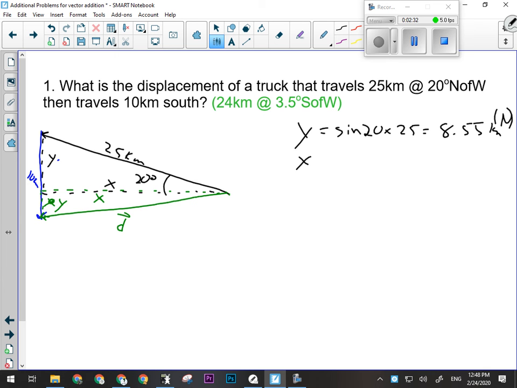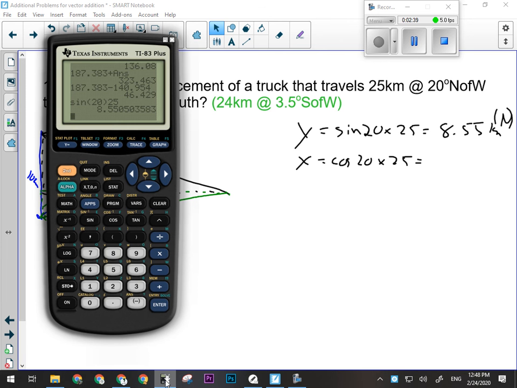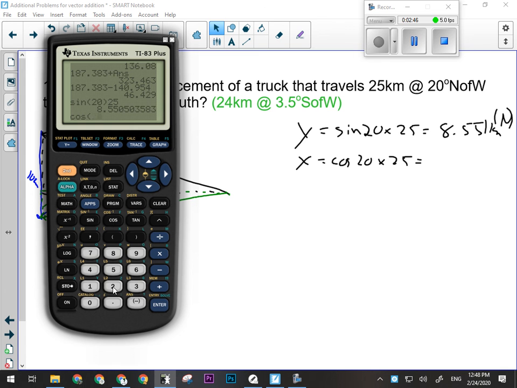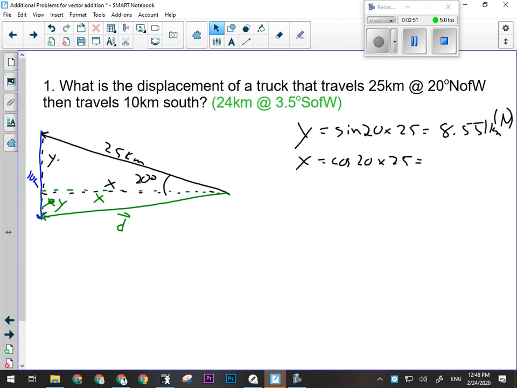The x component will be the cos of 20 times 25, which gives us 23.492 kilometers, and that's west. And then obviously for our blue line, there's only a y component, and it's 10 kilometers south. Blue x is 0.